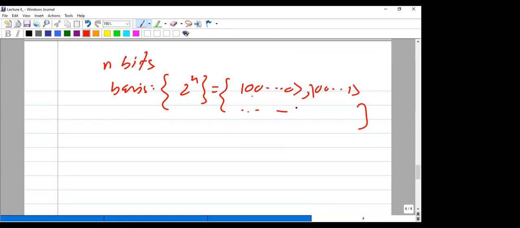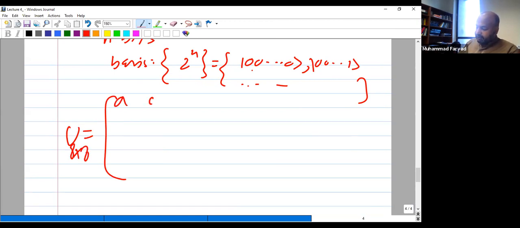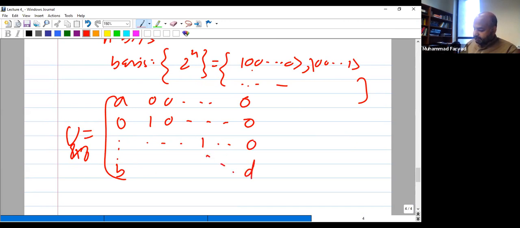Let me take an example. Suppose we have an 8x8 unitary like this. I have A here, 0, 0 all the way to 0, then 0, 1, 0. B here, 1, 0, D here. So A, B, and a C here.